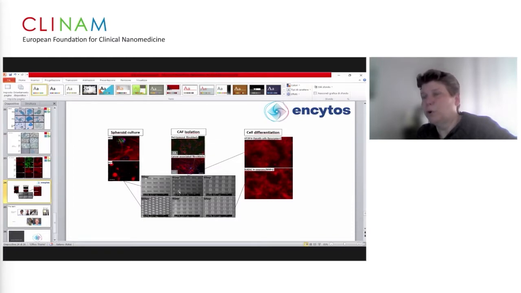When you go to the more complex one, we found, as you already saw, that tumor cells are excluded, which means we have a one-step possibility to isolate cancer-associated fibroblasts for more detailed analysis, and we can differentiate cells on the surface. We showed this with adipose-derived stem cells, which in 1 week differentiate into neurons without additional differentiation factors.